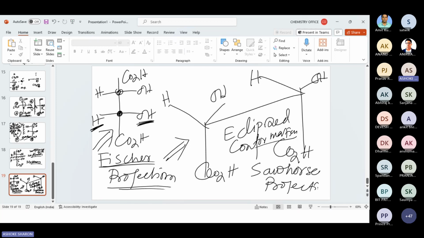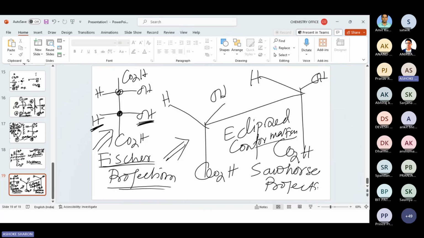Many more rotations are possible. When you rotate the molecule, you get a new structure, a new conformation. So in a particular rotation, a lot of different conformations will be generated. Different angles give different conformations, so one molecule has a lot of conformations.